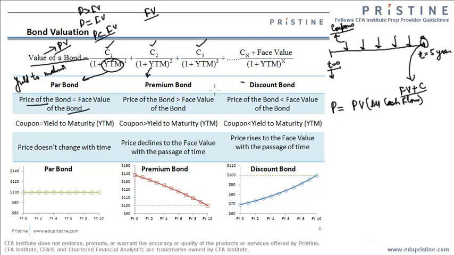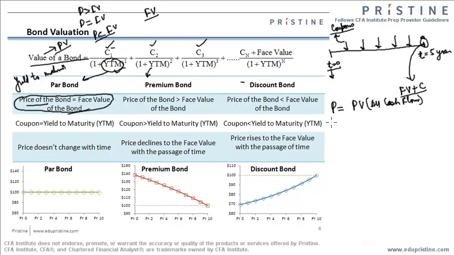Now, if the prices follow this particular relationship, we know that there has to be a relationship between the coupons and the yield to maturity or the discount rate.